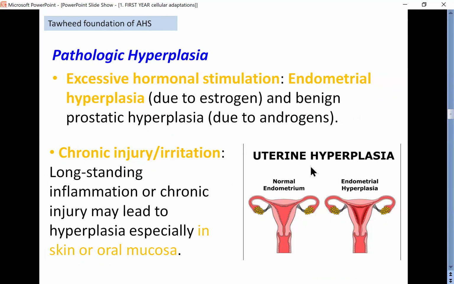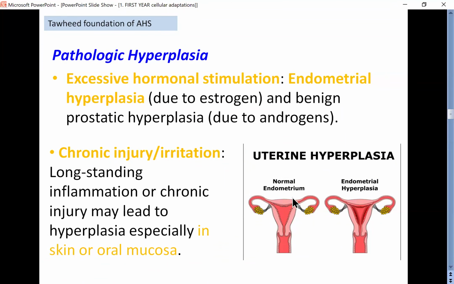Or in males, because of excessive androgenic stimulation, the person may develop benign prostatic hyperplasia. So let's take this example, uterine hyperplasia. This is a normal endometrium of a 45-year-old female. You can see the ovaries, fallopian tube, and uterus, the wall lining the uterus, with the endometrium, myometrium, and perimetrium.